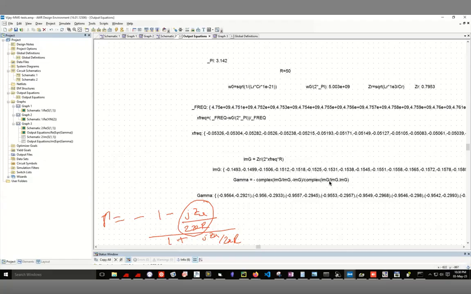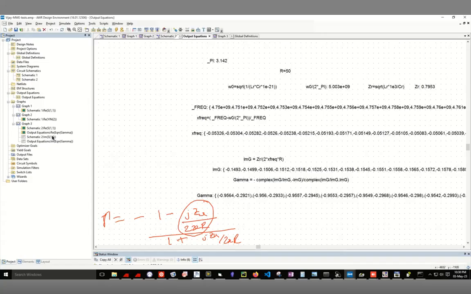And then divided by the same thing, but without the minus sign because it's 1 plus this thing. And there's an overall minus sign here. So that now gives me gamma as a complex number, and complex numbers in Microwave Office are written as pairs of real and imaginary, which is what you're seeing here. So for each frequency here, this is the corresponding value of gamma.